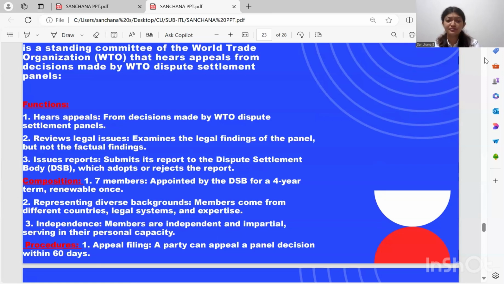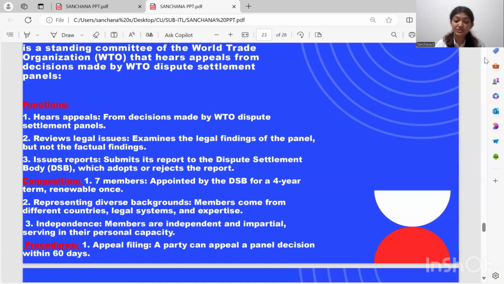Composition is 7 members appointed by the DSB for a 4-year term, renewable once. Representing diverse backgrounds, members come from different countries, legal systems and expertise. Independence: members are independent and impartial in serving.